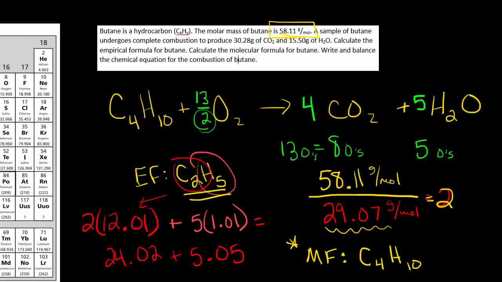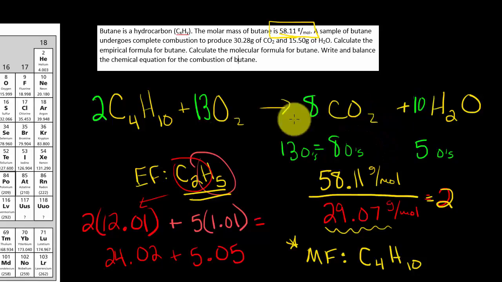So the 1, which is not written right here but is implied, becomes 2. This 13 over 2, the denominator is eliminated by multiplying by 2, so we have 13. The 4 is doubled to an 8, and the 5 is doubled to a 10.